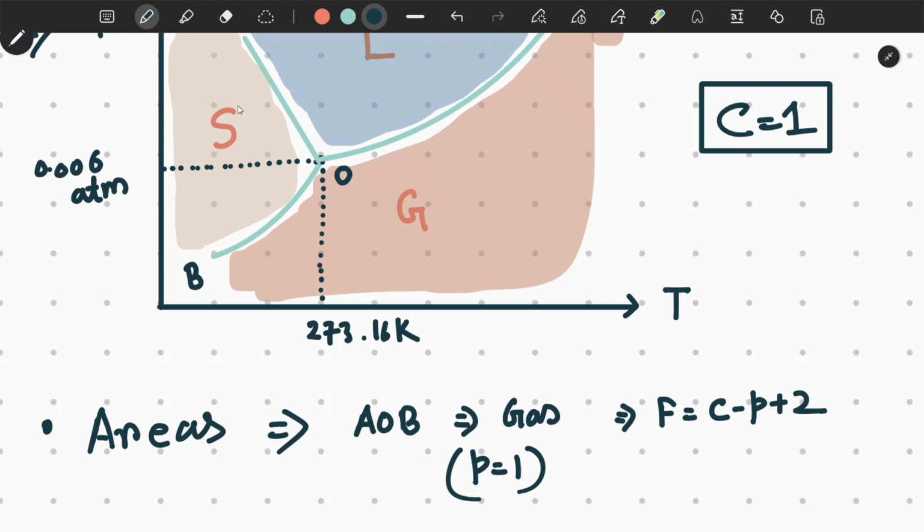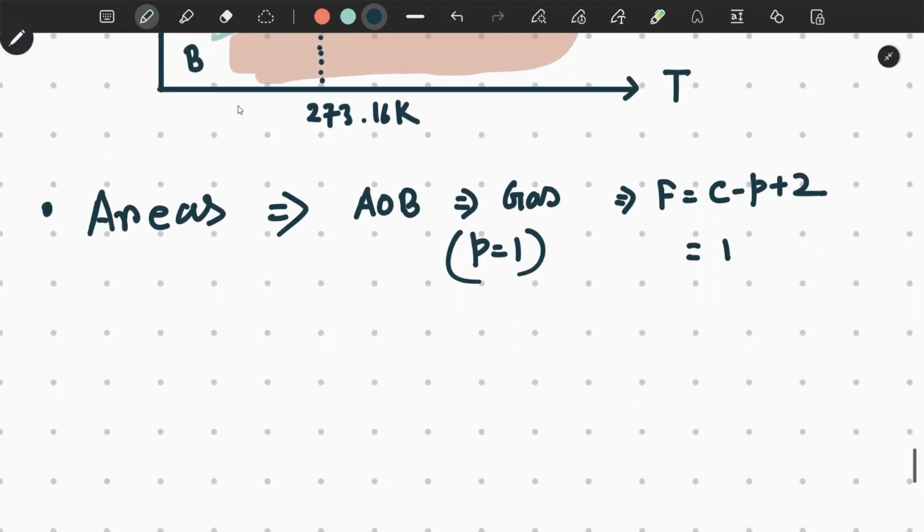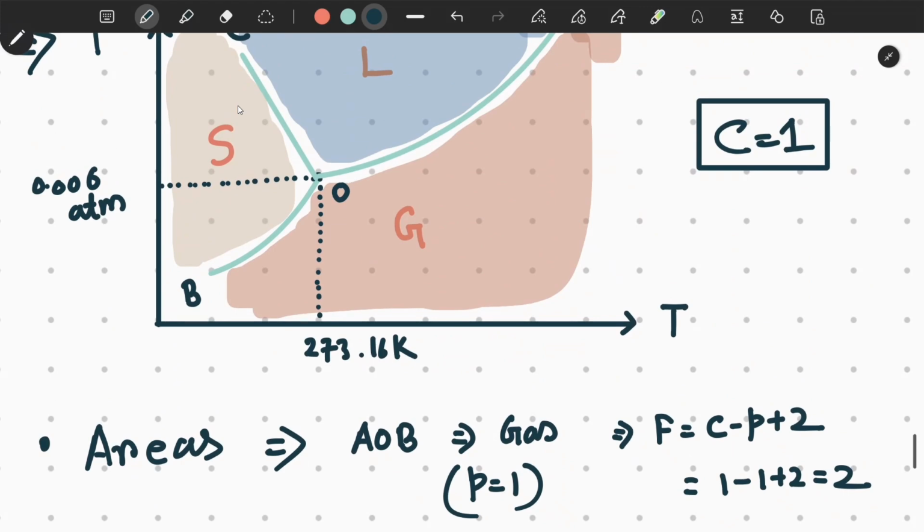Only gas is there, so phase is one. It will be 1 minus 1 plus 2, so degrees of freedom is 2. You can change both temperature and pressure. If you choose this point, the pressure and temperature are different; here also they are different. You can choose both.